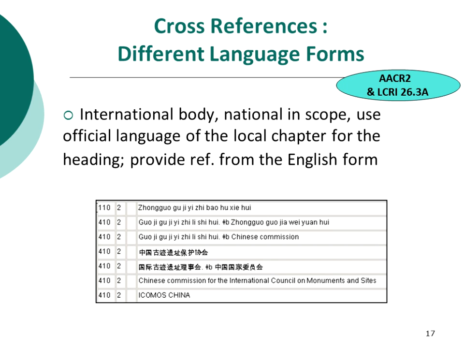So pay attention here to this particular type of situation where the official language of the local chapter in this particular example is Chinese, even though the international body for this name may have multiple official languages such as English, but because the activities are all happening at the national level, we treat Chinese as the official language for this local chapter, and then provide the English form in the reference.